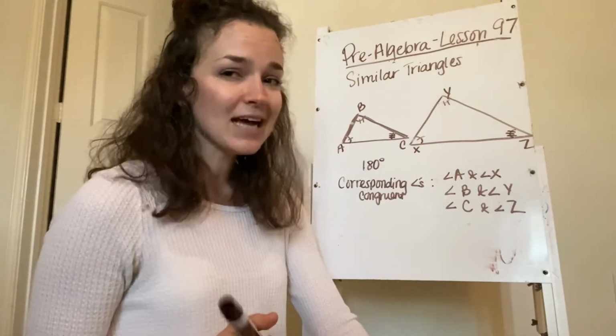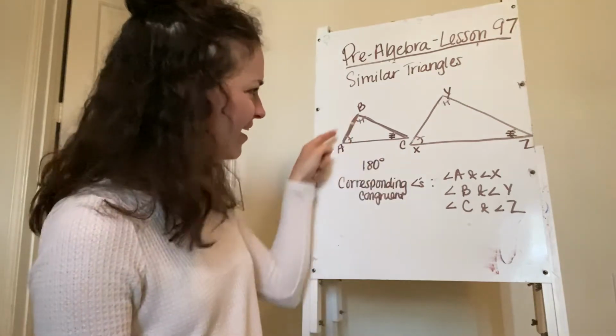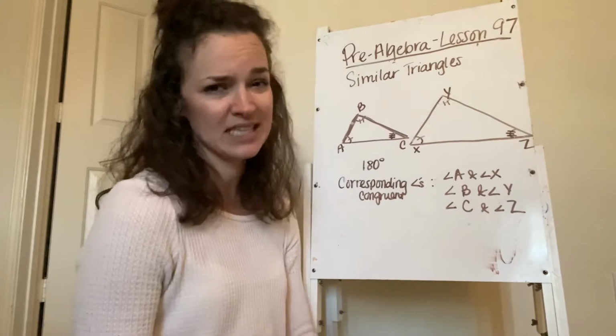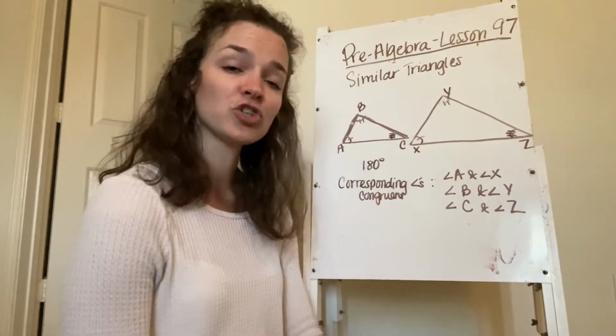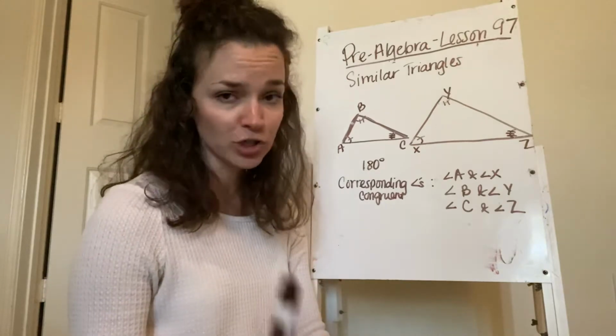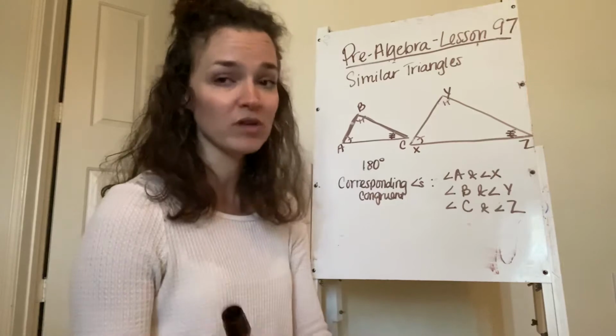The sides, however, if you notice just by looking at them, this side AB, which corresponds to this side XY, they're definitely not the same length. So while the angle measures are congruent, the side measurements are not going to be congruent in similar figures. However, they do have a relationship.